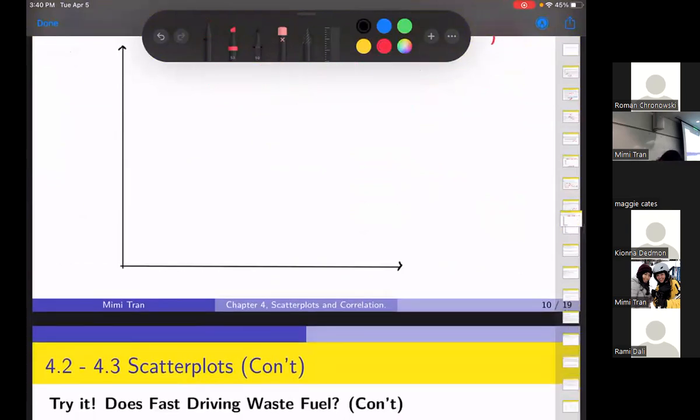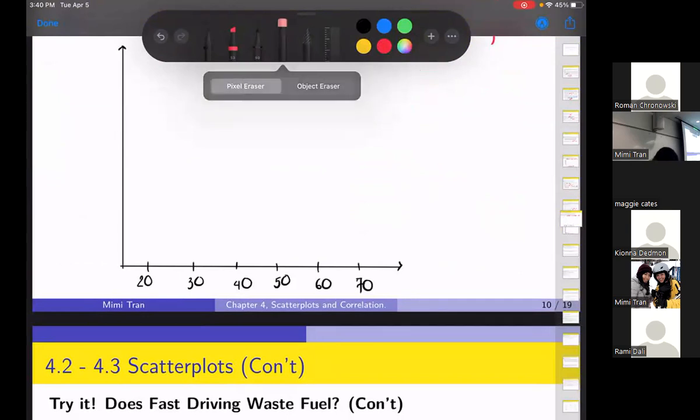Don't put 20 at the origin. And make sure you label it.